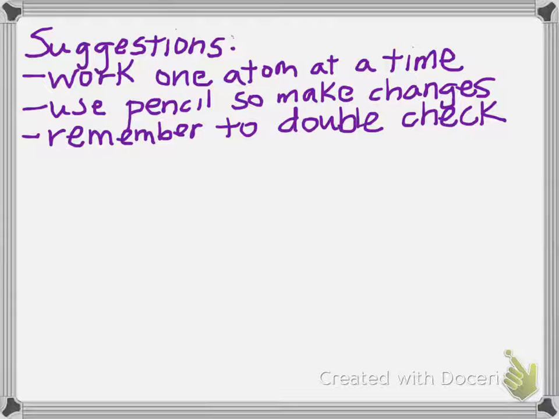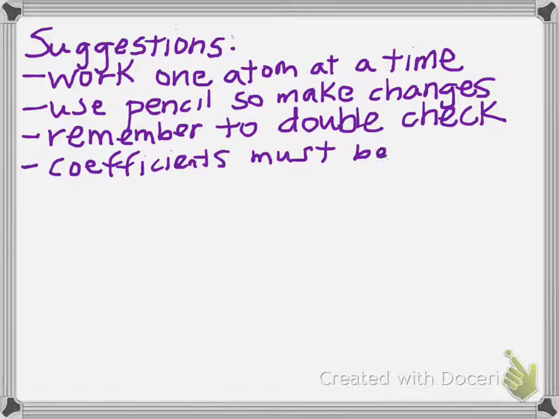And sometimes, for whatever reason, when you're trying to balance it, you don't see that lowest whole number ratio. So you want to always check that your coefficients must be the lowest whole number ratio.